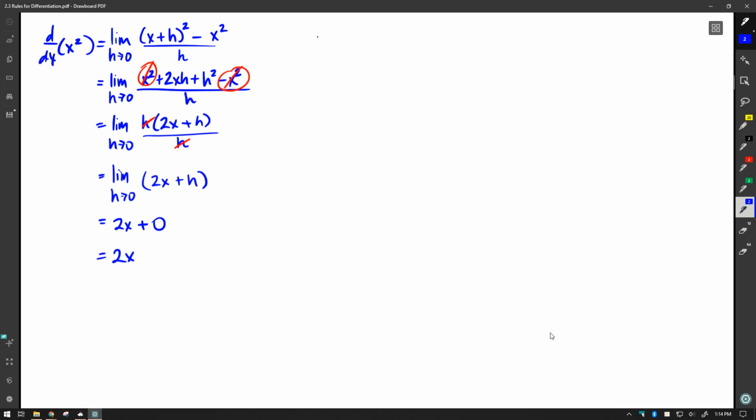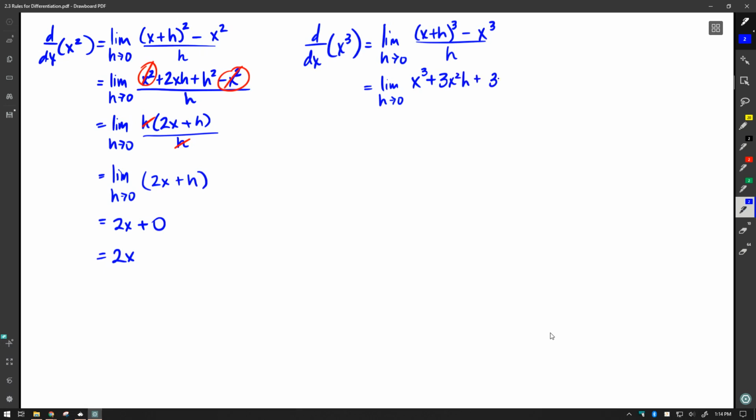Now let's do the same thing with the derivative of x cubed, d/dx of x to the third power. So this is, again, the limit as h approaches 0 of, this time, (x + h) cubed minus the function x cubed, and this is all over h as normal. In our next line of work, as you suspect, we're going to expand. So we have x cubed plus 3x squared h plus 3x h squared plus h cubed minus the x cubed.